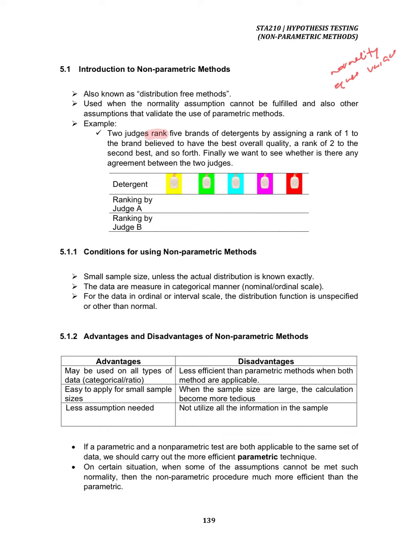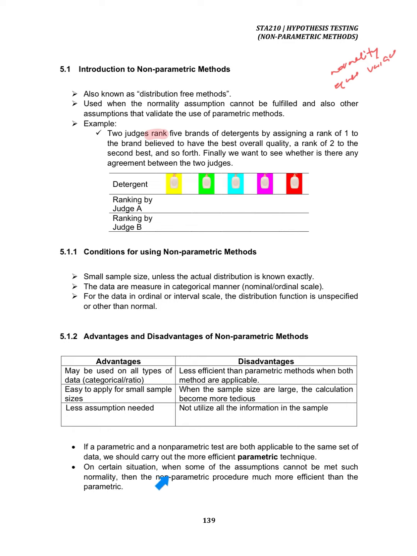Note that if a parametric and a non-parametric test are both applicable, then we should carry out the more efficient parametric technique. As I mentioned just now, the parametric method is always more powerful than the non-parametric method.